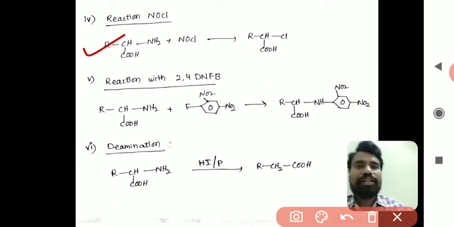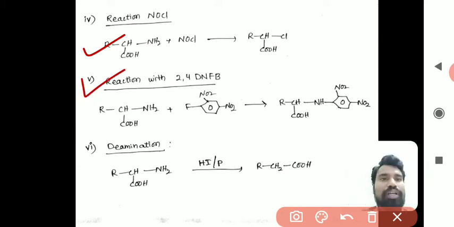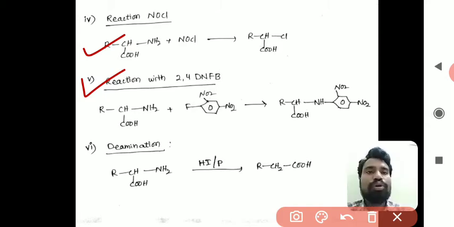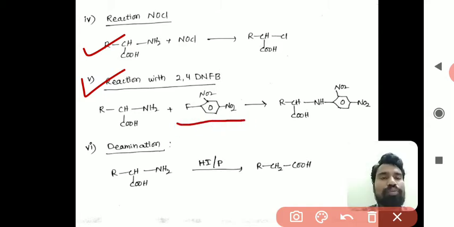The next one is reaction with 2,4-DNF or 2,4-DNFB, that is nothing but 2,4-dinitrofluorobenzene. This is called Sanger's reagent, which we will discuss later, right?